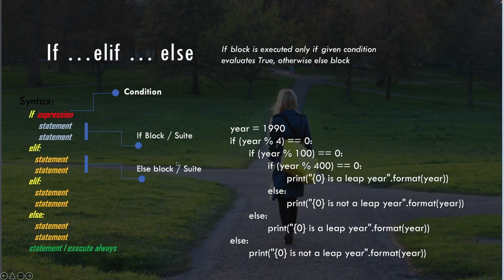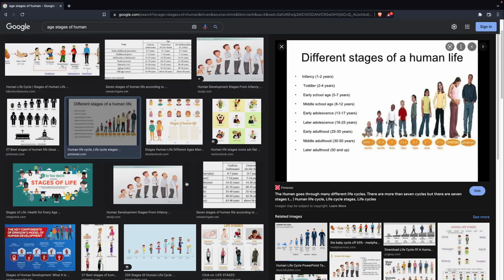It is better understood by doing some examples. Let's try to create a program that reflects what we have seen here as conditional statements. The example is to write a program that will take age as an input and print the name of the stage.